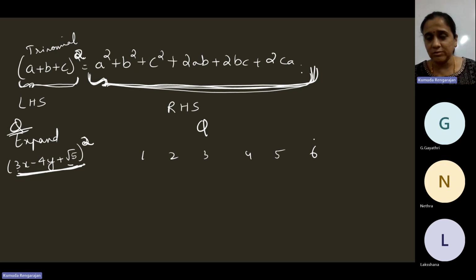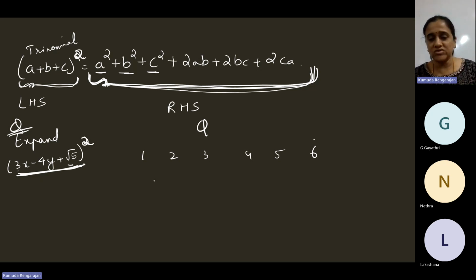Apart from having 6 terms, what else do you observe? We see that 3 of these terms are perfect squares, see here, a squared, b squared, c squared. So the RHS of this identity has 6 terms, of which 3 terms are perfect squares.